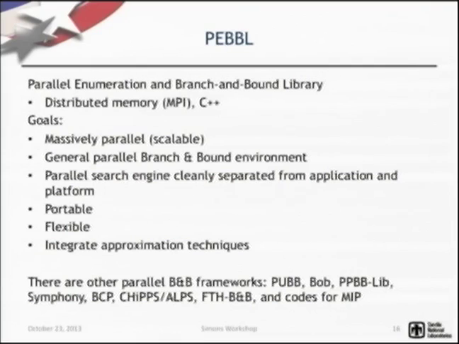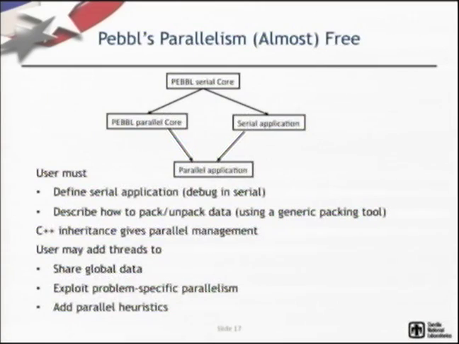It's based over MPI, and it uses C++ so that we can just use inheritance to customize for the particular problem that we're trying to solve. PEBBL was not the first, and it was not the only parallel branch and bound solver, but it's arguably the most scalable one right now.